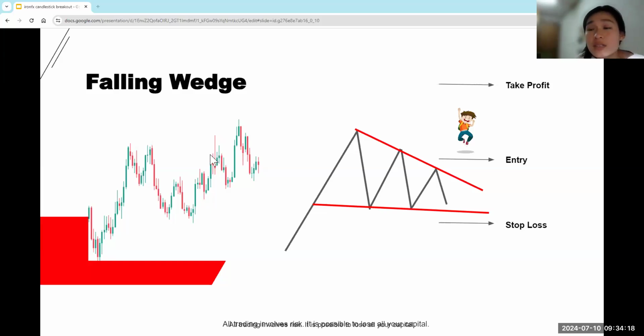So an ascending triangle, which we see here, or an ascending wedge, you can see it's kind of just the opposite of this, with price making higher lows. And then we have the upper level, which is kind of just following price. So it is still moving upwards, but not at the same level as our bottom line.